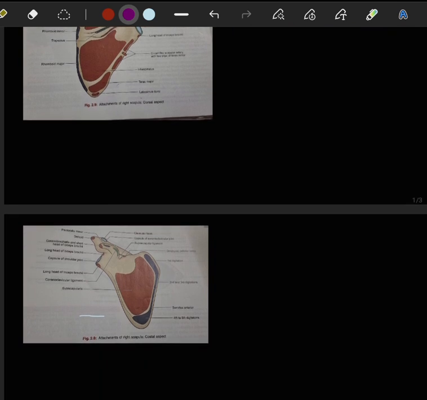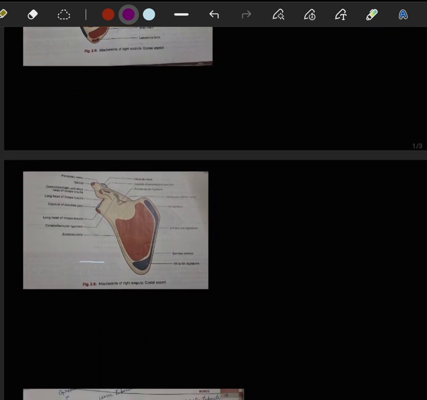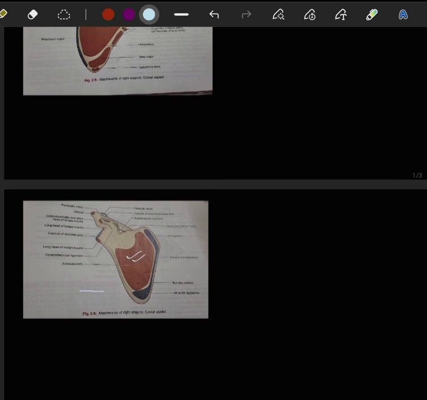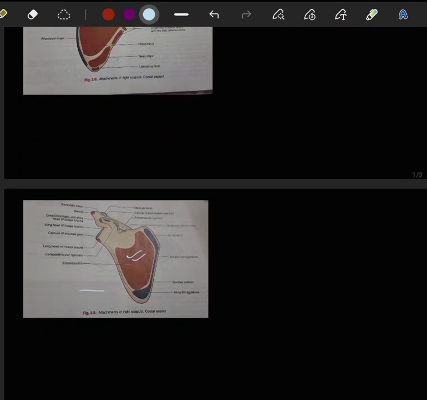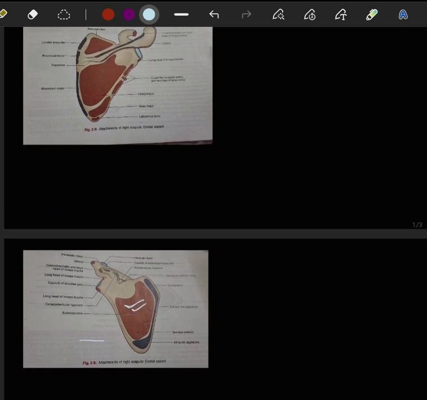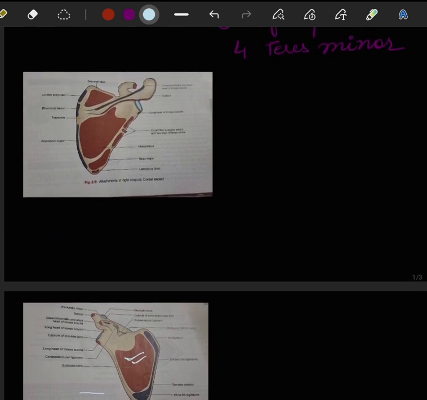So subscapularis has the origin from the scapula, from the subscapularis fossa. This is the subscapularis fossa. First we will see, then we will write upon everything. So this is the subscapular fossa. Then we have supraspinatus.